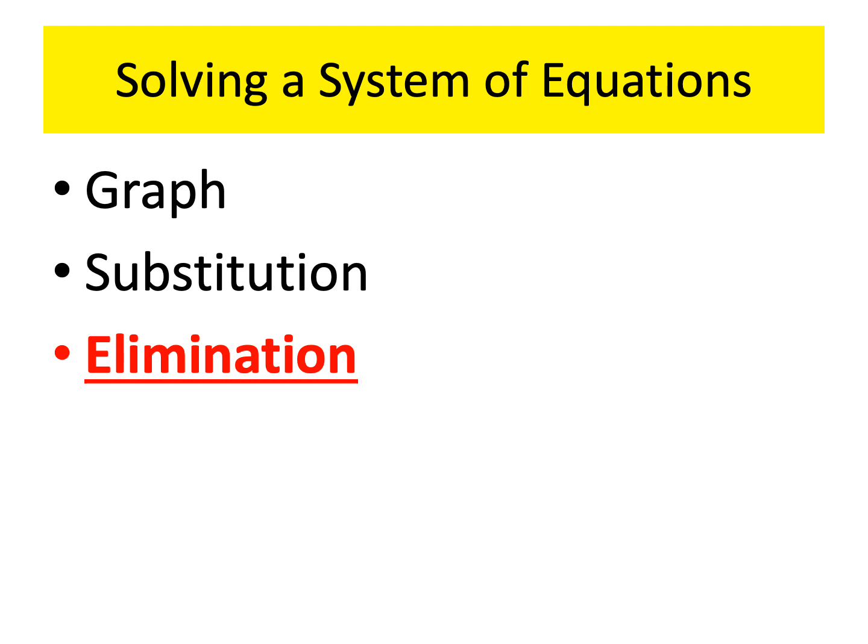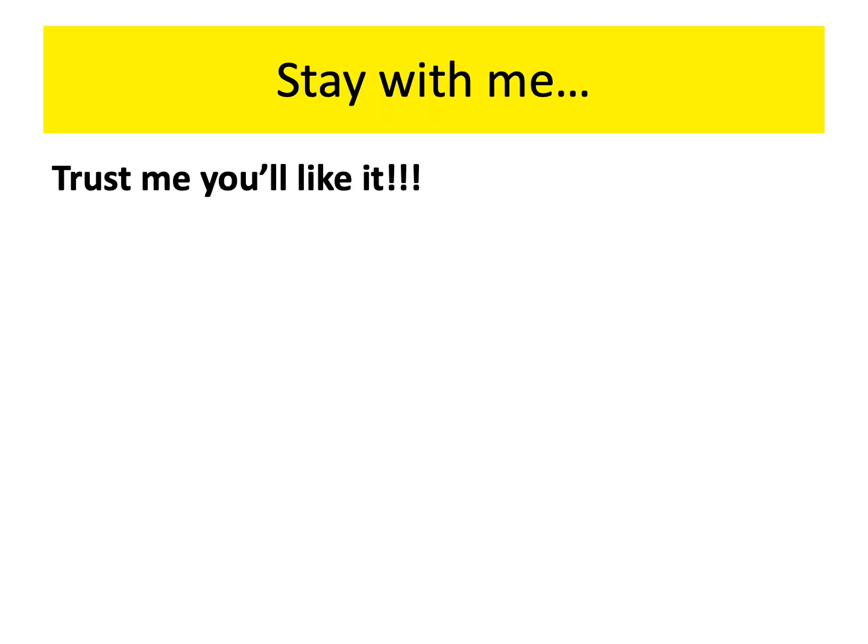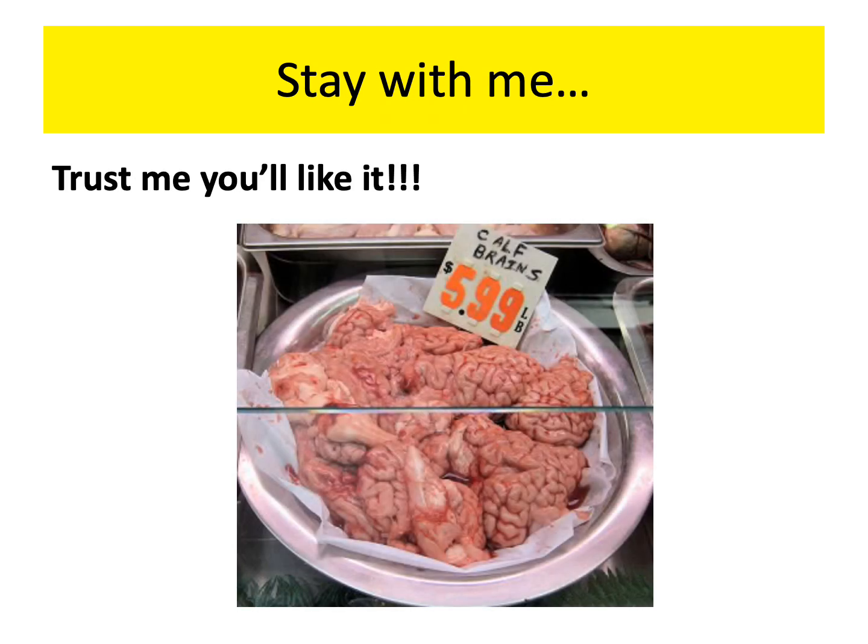But if both equations are in standard form, I'll show you an example here in a second, then you'd have to do a lot of work to either graph or to substitute. So we have this third technique. We use it specifically when both equations are in standard form. So I need you to stay with me. Trust me, you're going to like this. Well, you might not like that, but you will like this technique.